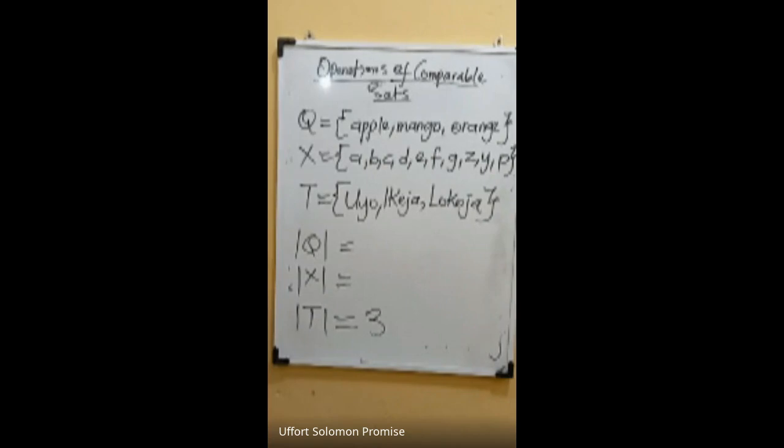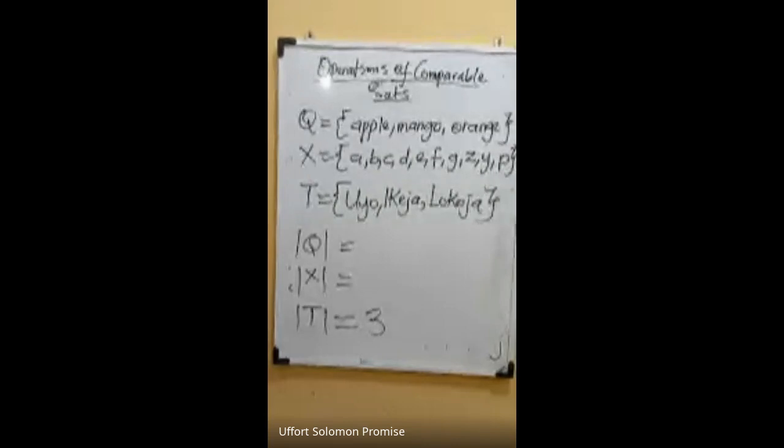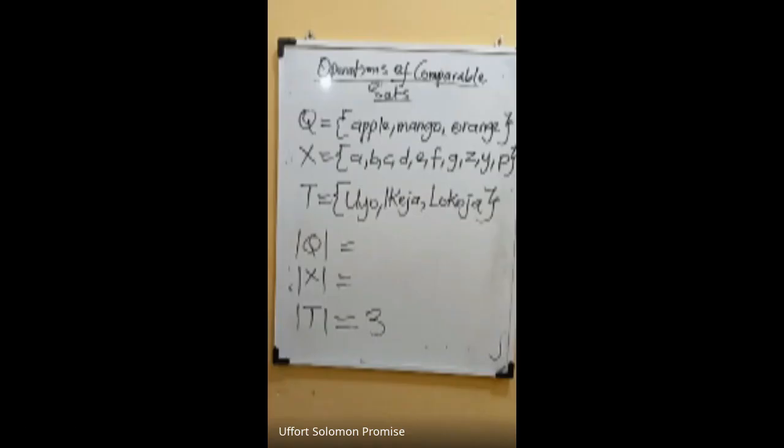Okay, let me take Morenike. What's the cardinality of set Q? Sorry, I was not in class yesterday, but I will use my brain. I think it's 3. Okay, 3. You don't need to have been in class yesterday, now that you are here. You did very well, Morenike.